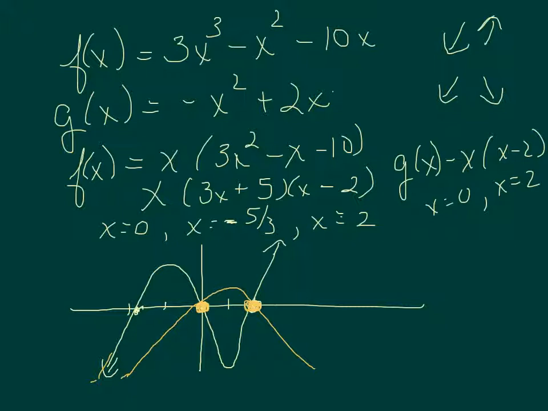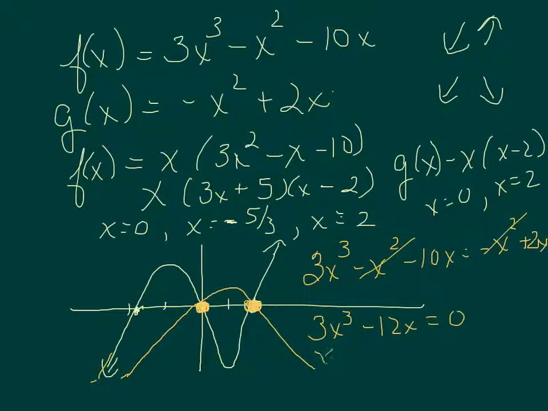How do I get that third intersection point? Set them equal to each other. So 3x cubed minus x squared minus 10x equals negative x squared plus 2x. Well, those cancel. And we'll have 3x cubed minus 12x.